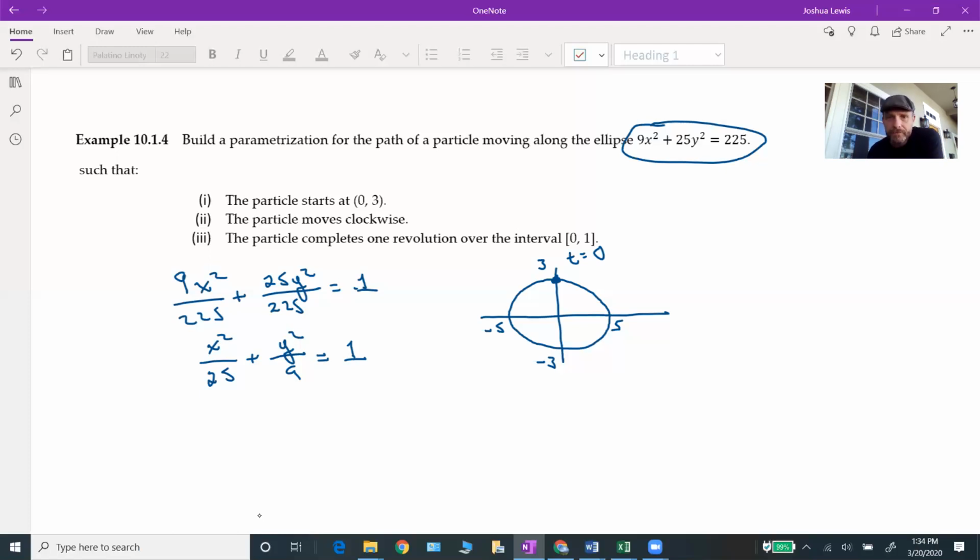So if I want my x coordinate to be 0 at time 0, and I know that cosine and sine can be involved to parameterize this, then I want to use some version of sine, right?